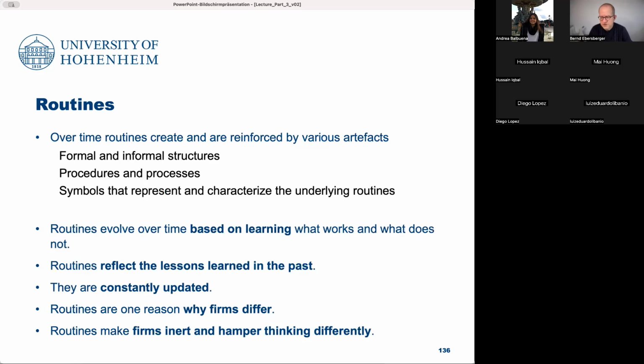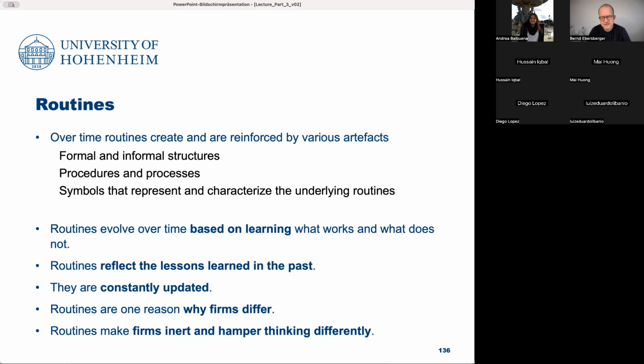And of course, these routines are embedded in the structure of the organization. They are represented in the procedures and the processes of the organization. As I said, somebody comes along, has an idea, maybe even not a member of the organization, but there are procedures, there are processes that are able to work with this, that respond to this trigger.